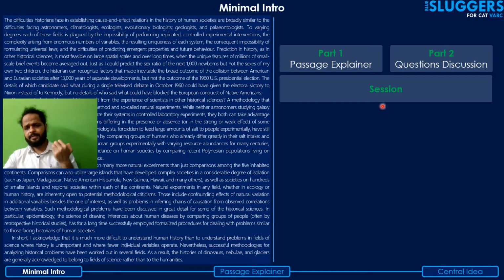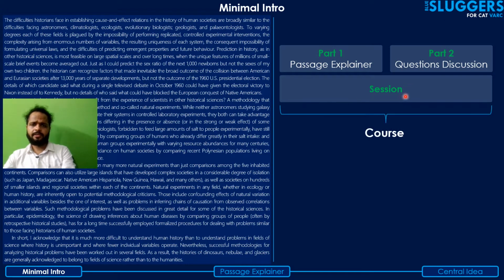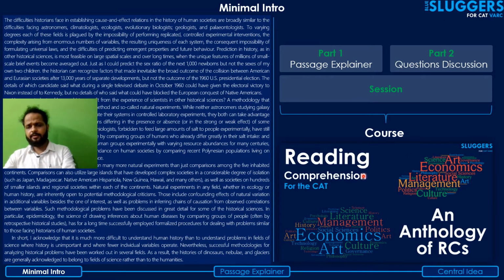You are expected to have attempted the passage and the questions by yourselves. The link to do the same is available in the description of videos of both the parts. 40 such sessions make up a course titled an Anthology of RCs for your reading comprehension preparation for the CAT. So I hope that's clear.